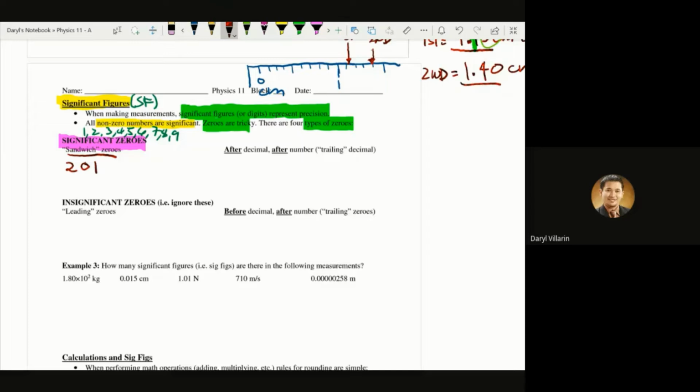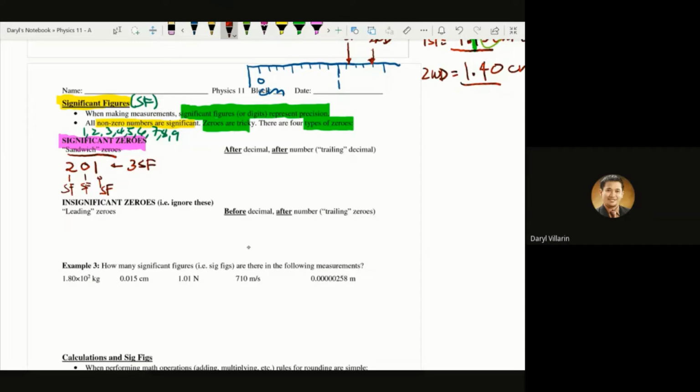If it is sandwiched between two non-zero numbers, you count the zero in between as significant. Okay? So therefore, this is significant. This can be considered a significant figure, as well as the last one. So if you count the number of significant figures or significant digits, that is 3 significant figures. Okay?